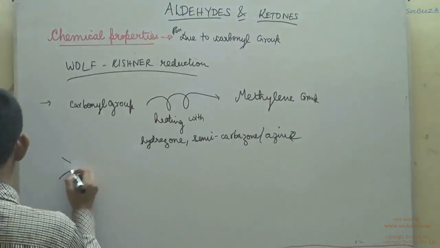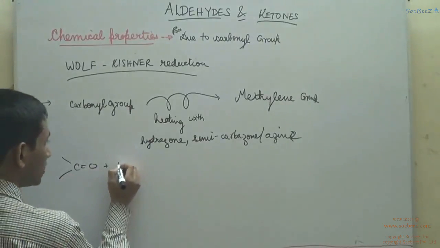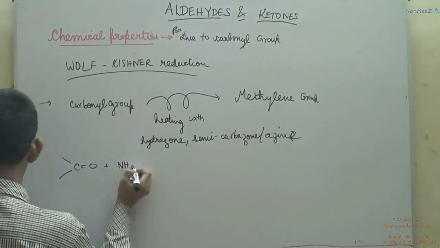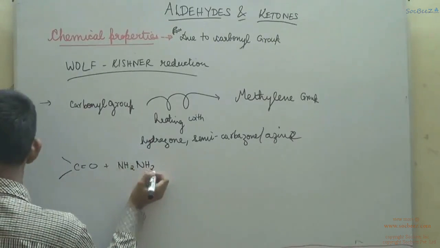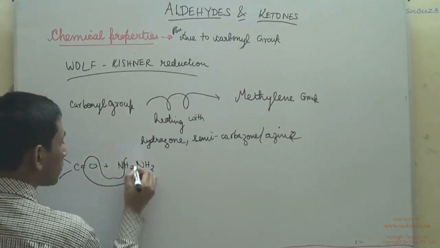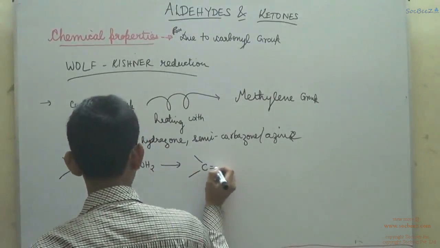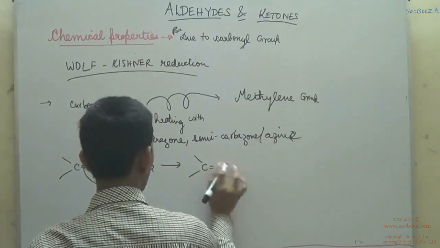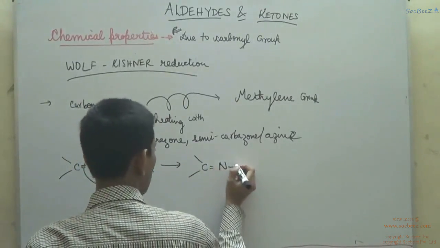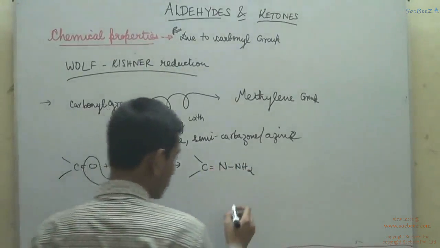What's hydrazone? See, this is a carbonyl group. You treat it with hydrazine. Remove this water molecule. What do you get? C double bond N NH2. Okay. So this is your hydrazone.